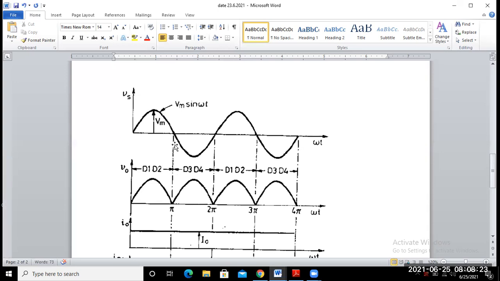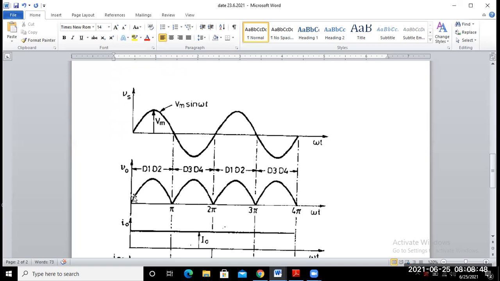Similarly, from pi to 2 pi, when the diodes D3 and D4 become forward biased, the output voltage again becomes similar to this one. And these things will be repeated after an interval of pi. This is the waveform we already saw in the previous class also.